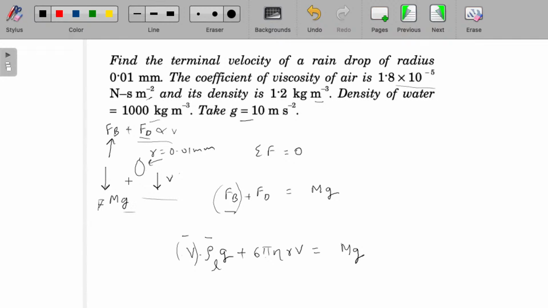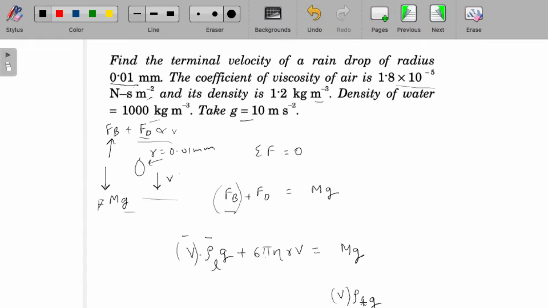Now it's about substituting the respective values only here. So one thing to note here, mass of the raindrop is not yet given. So what we'll do is like this. Mass of the raindrop is nothing but mass of the water, density of the water into volume of the water. So the volume would be equal to the same volume V here, of the drop, multiplied by density of the liquid into g here.